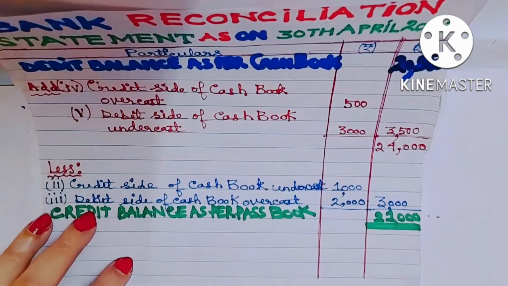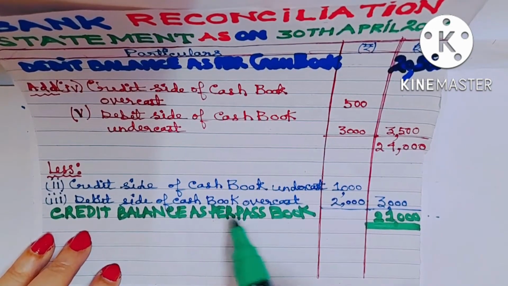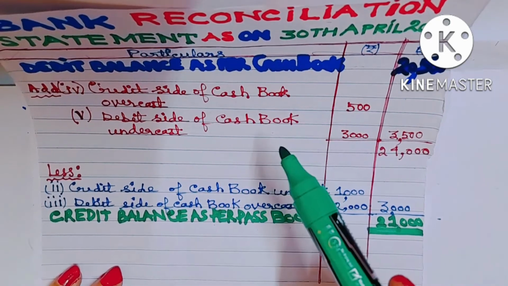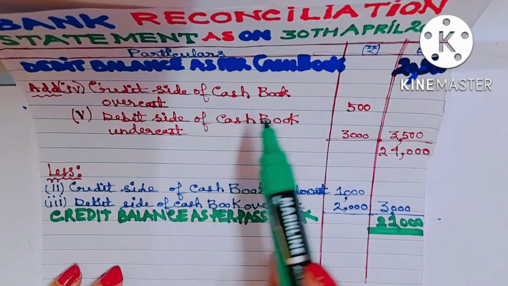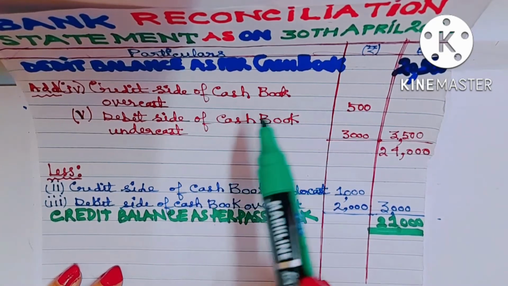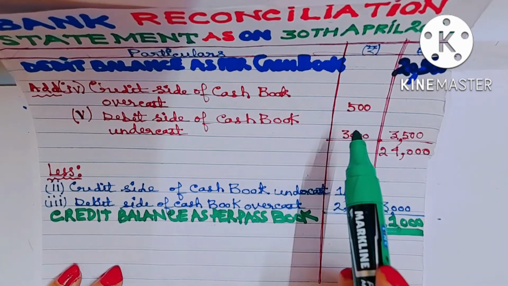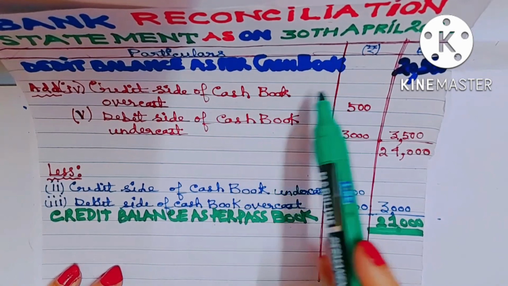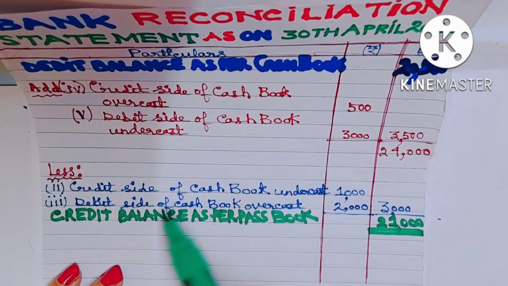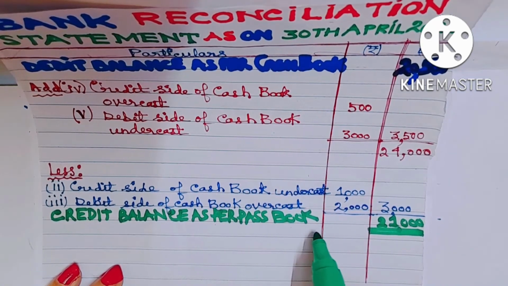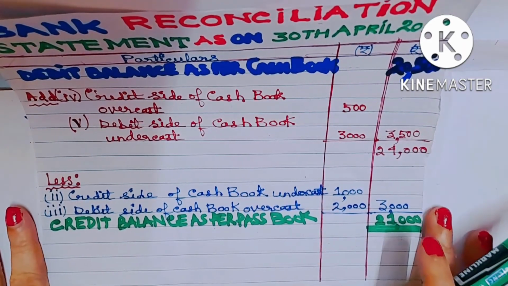So what is this? 21,000 credit balance as per passbook. Understood? Remember, in the beginning I told you, if the bank reconciliation statement or BRS is started with the debit balance as per cash book as a starting point, then the answer arrived at in the end will be credit balance as per passbook. Understood? So I hope you understood.